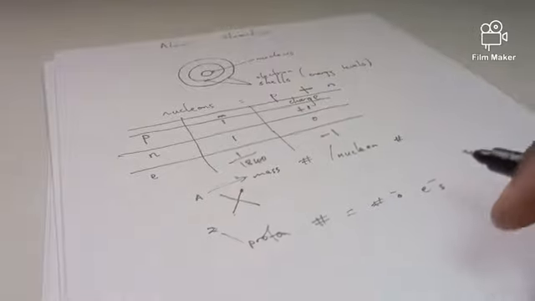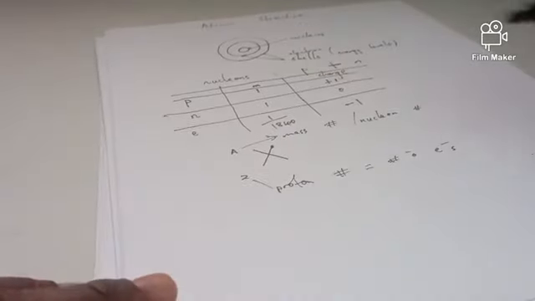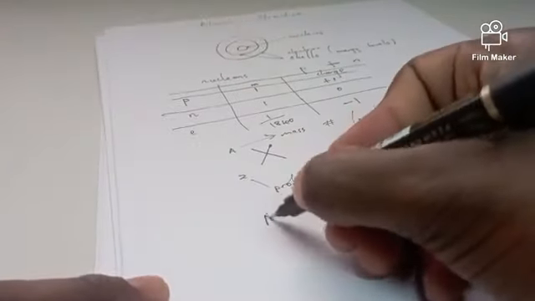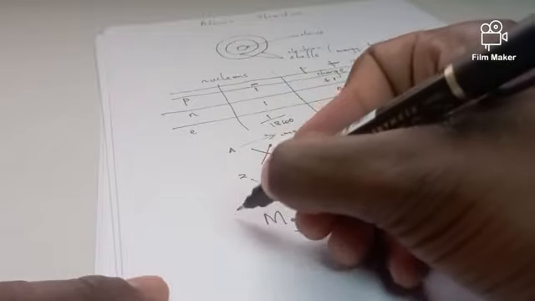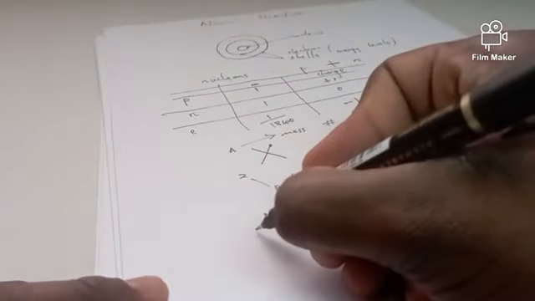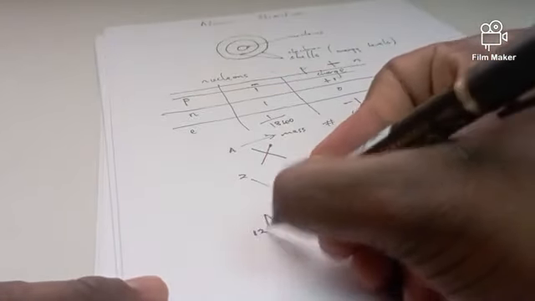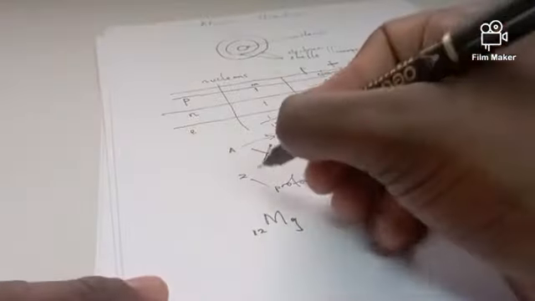Take for example, let's say magnesium. Magnesium has an atomic number of 12. The atomic number is also the proton number.